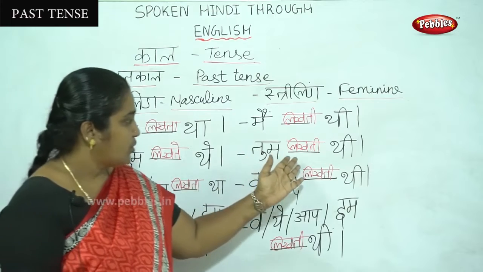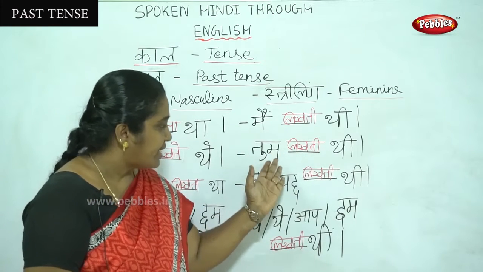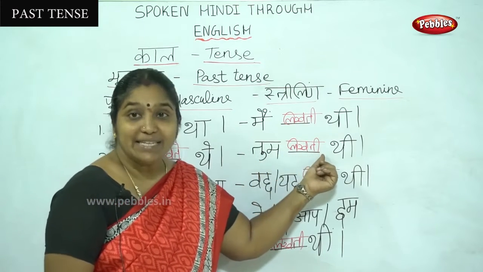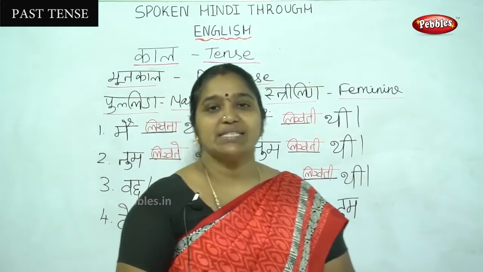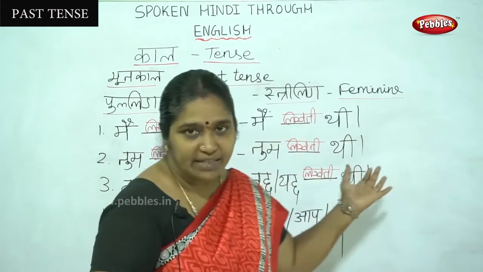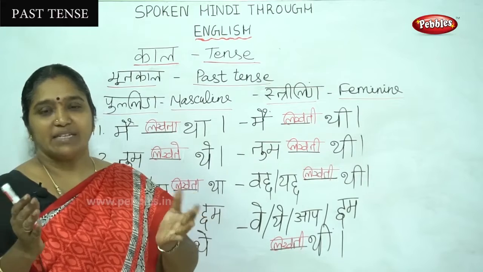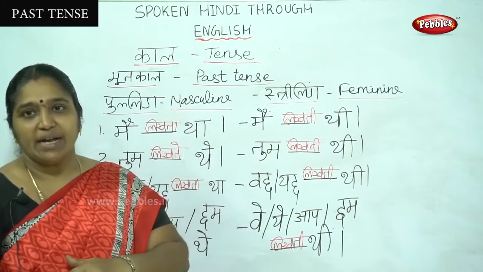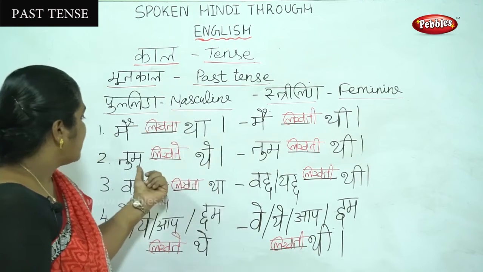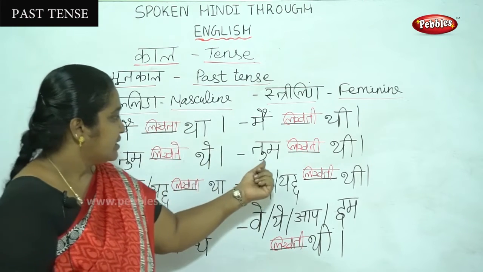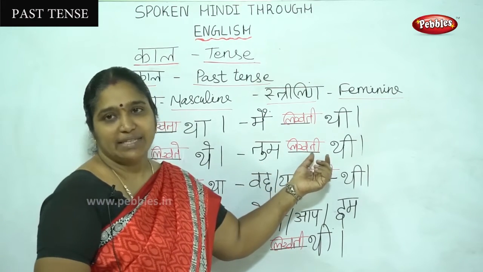Here also you wrote but the sentence is different. Tum likhti thi. In English we have the same, but in Hindi we differentiate as feminine and masculine. This is pulling and striling. That is tum likhte the, then tum likhti thi.